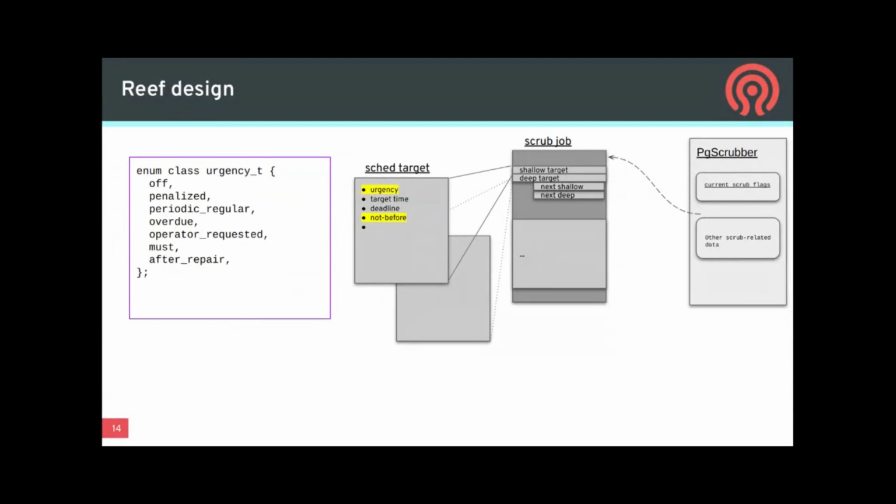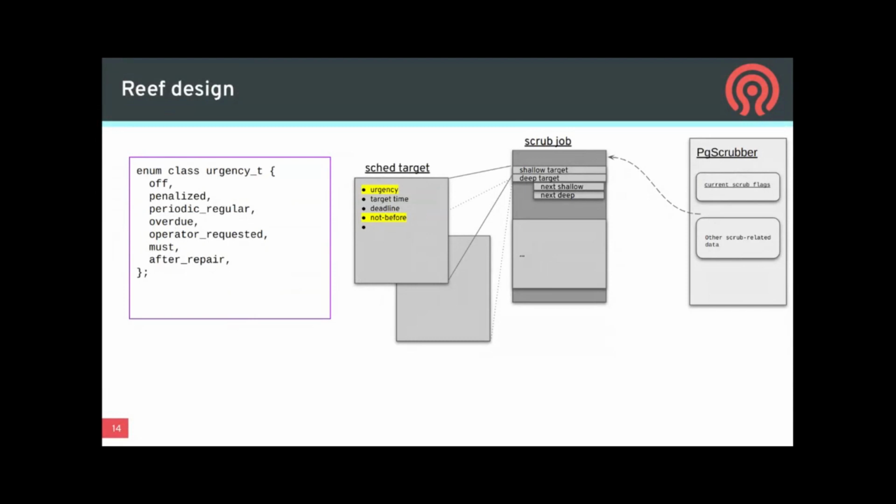And remember, we have two targets, which means we have different urgencies for the shallow and the deep targets for each scrub job. So it means we can specify how urgent the shallow or the deep target is for each scrub job. And if you look here at what types of urgencies we have, you can see that we do have the periodic regular, which is what we expect most of the time to see in a regular cluster.